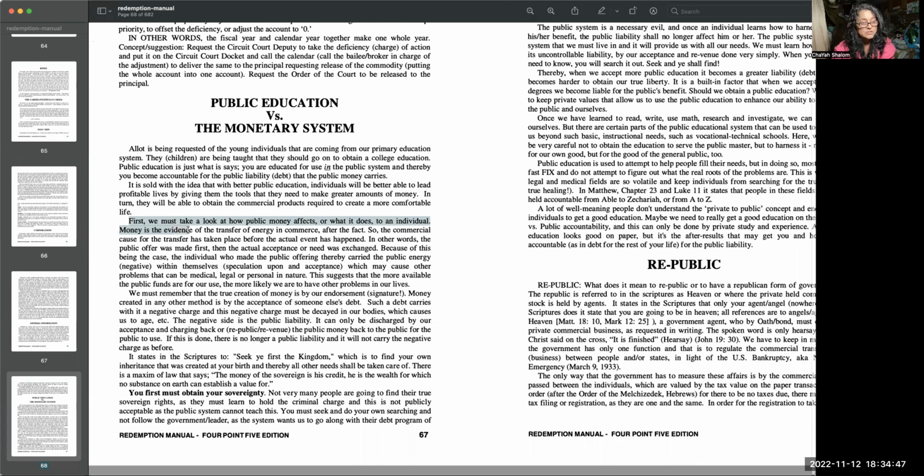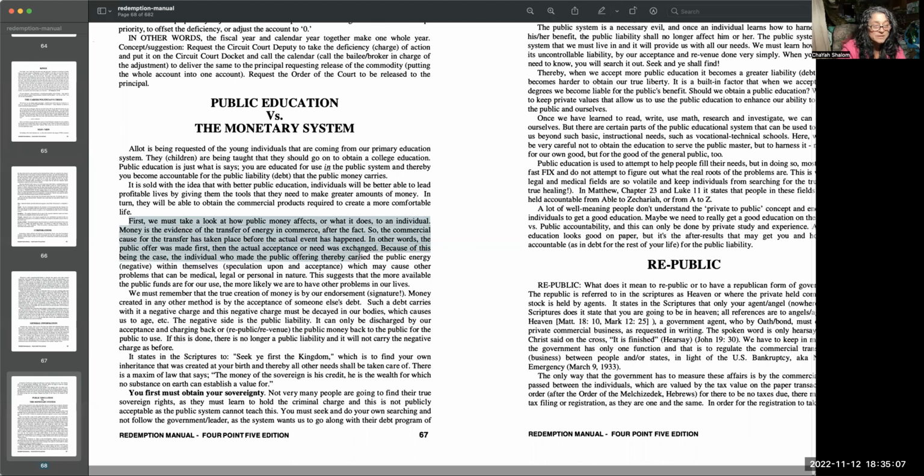Money is the evidence of the transfer of energy in commerce after the fact. So the commercial cause for the transfer has taken place before the actual event has happened. In other words, the public offer was made first, then the actual acceptance or need was exchanged.